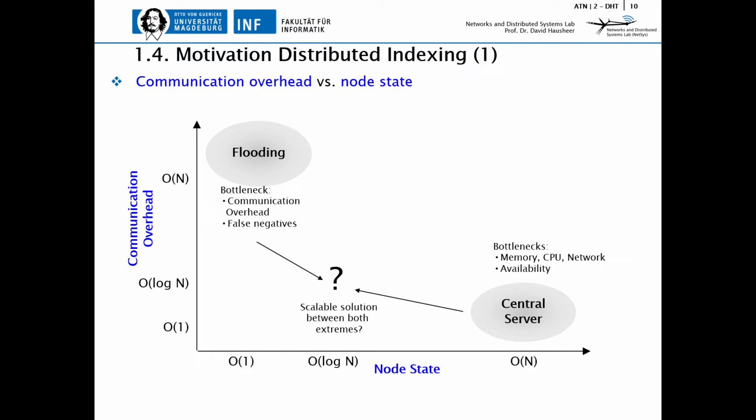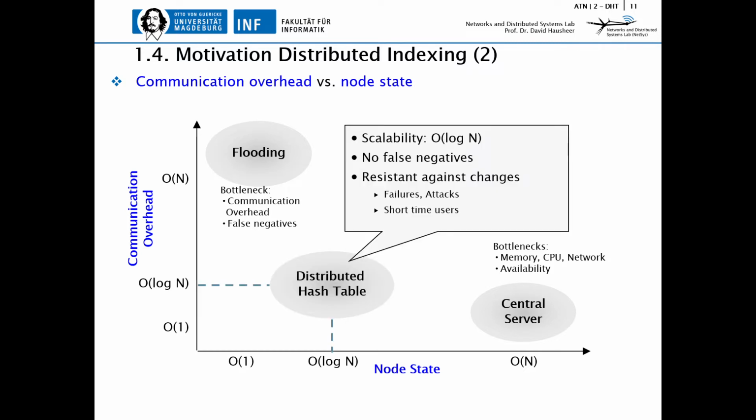Now, the question is whether there is a scalable solution that somehow takes the best of both worlds, so that it scales both in terms of the node state as well as in terms of the communication overhead. And indeed, this solution exists, and the approach that achieves that is distributed hash tables. Distributed hash tables scale with O of log n, which is scalable because the more the size of the network n grows, the less the additional overhead or node state increases.